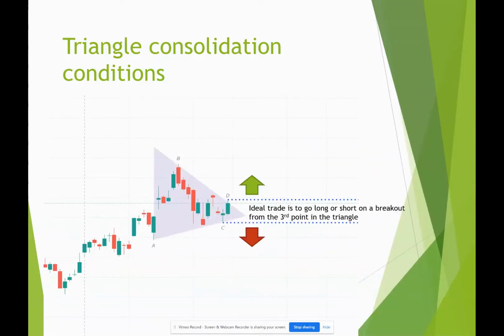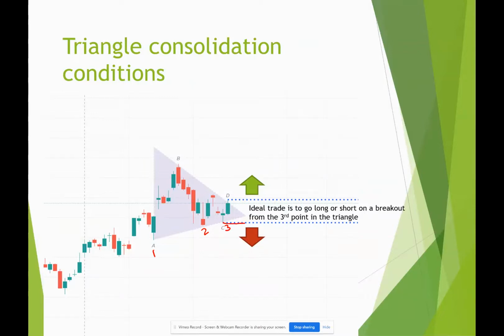The ideal trade, if you're going to just do it directional, is to go long or short on a breakout from the third point in the triangle. So you can see that we had 1, 2, 3.